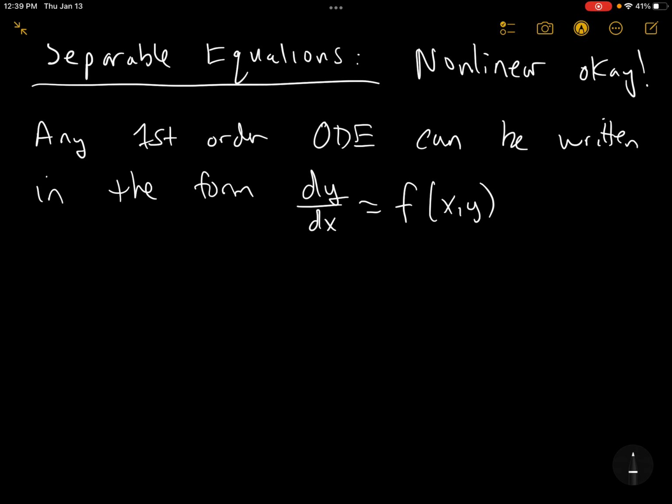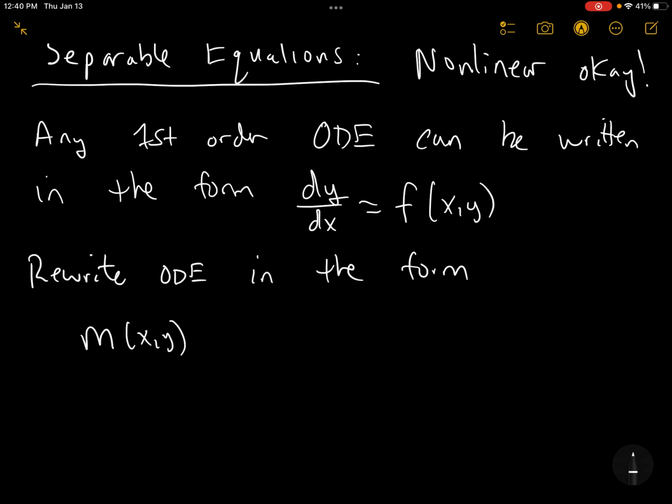Now I'm going to do this a little differently than the book because not everyone has Calc 3. We're going to rewrite the ODE in this form. We take all the terms in the ODE that don't have a y prime attached to them.